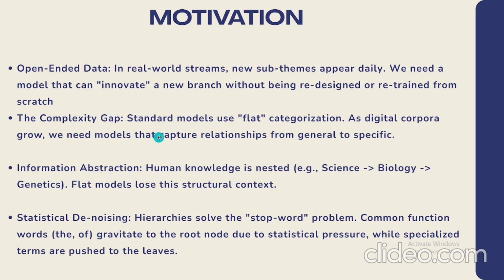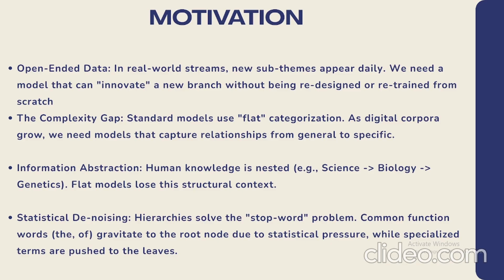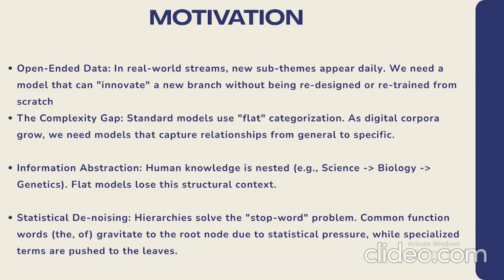A flat model loses this context. Standard flat categorization models lose such hierarchical constraints. A critical secondary motivation is statistical denoising. In a hierarchy, the function words, which we normally call stop words, like the, of, or, under statistical pressure move to the root node because they appear in every document, so they become common words.